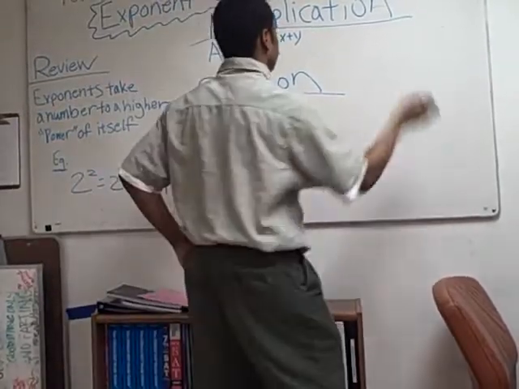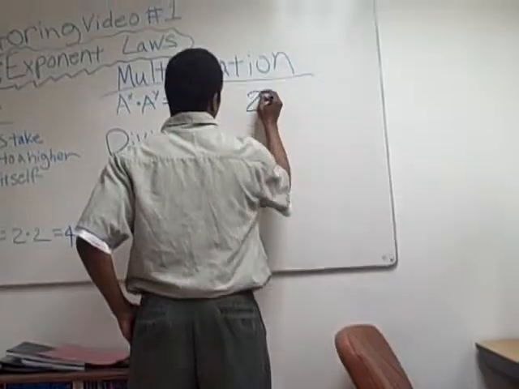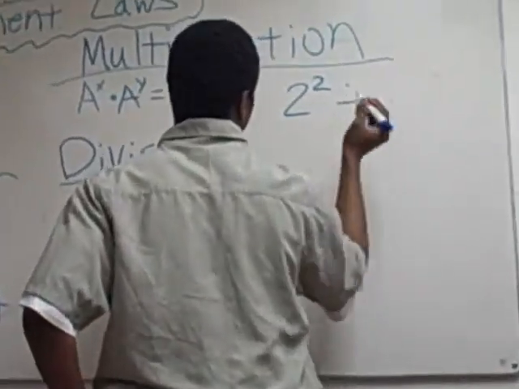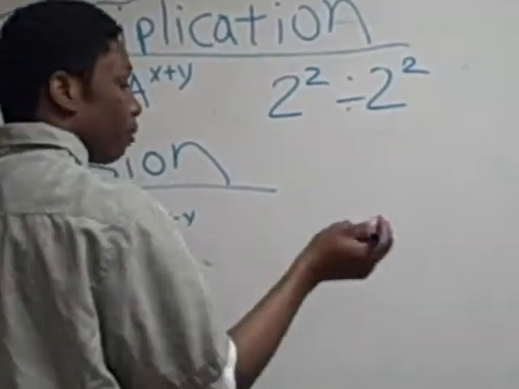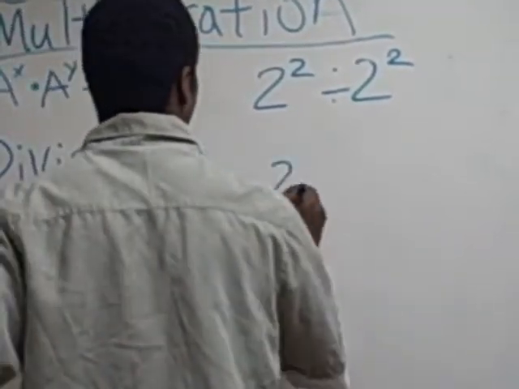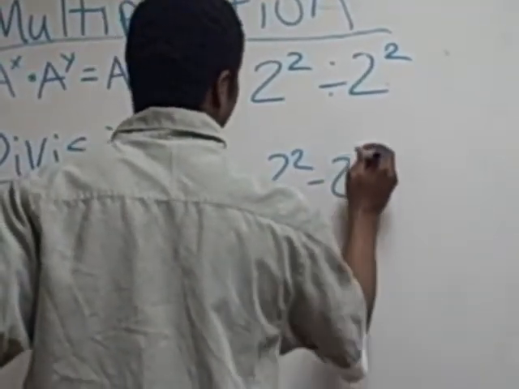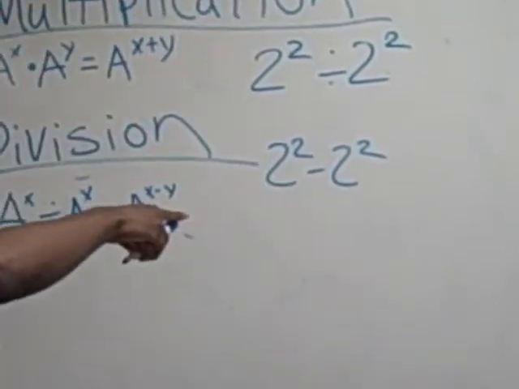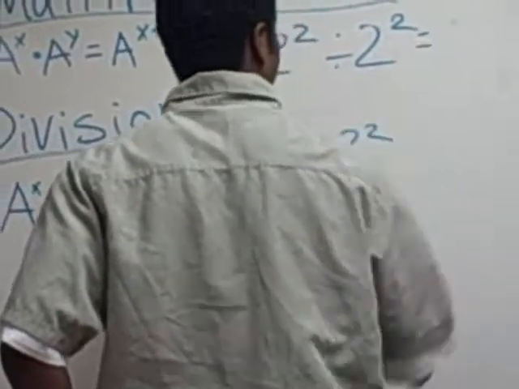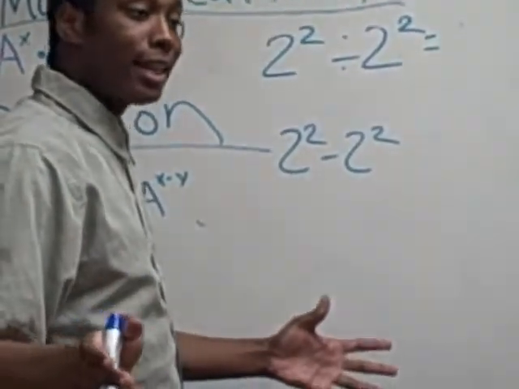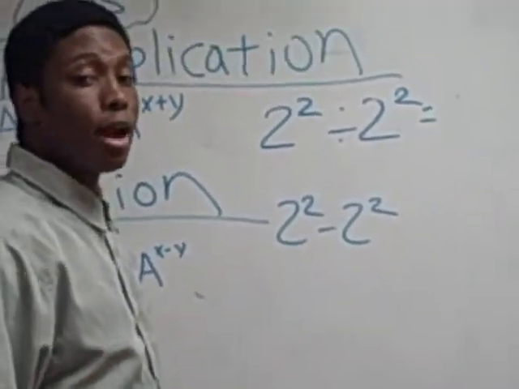So, first we're going to do one of the problems. 2 squared divided by 2 squared. Then we're also going to take another one. 2 squared minus 2 squared. Never confuse these two. There's a difference. Okay, so let's put this in factored form. Factors are basically the numbers used in a multiplication problem.